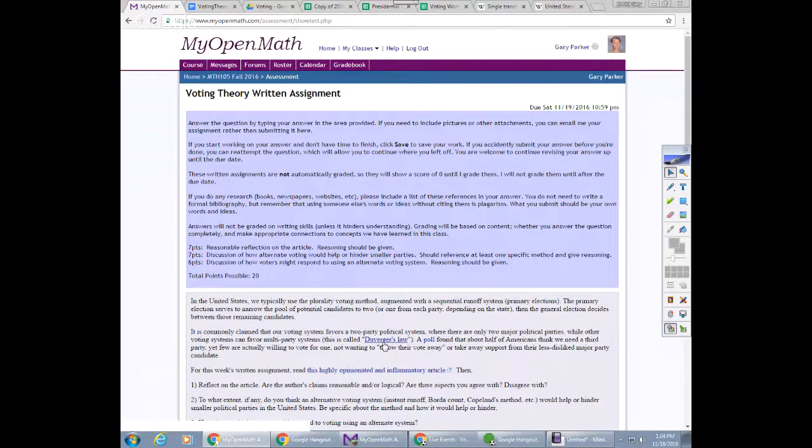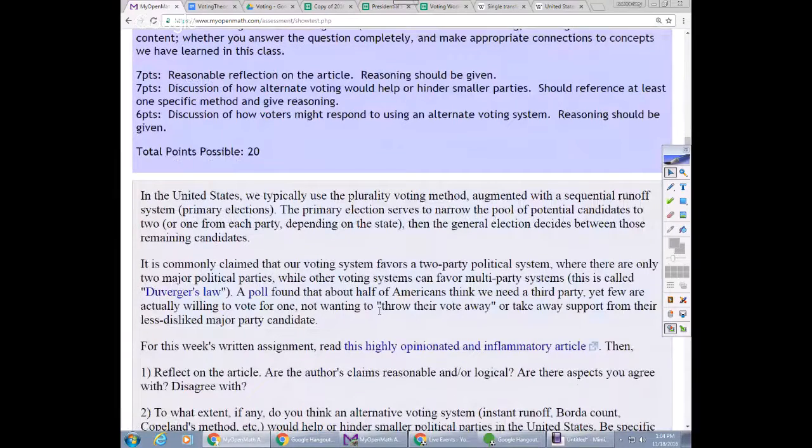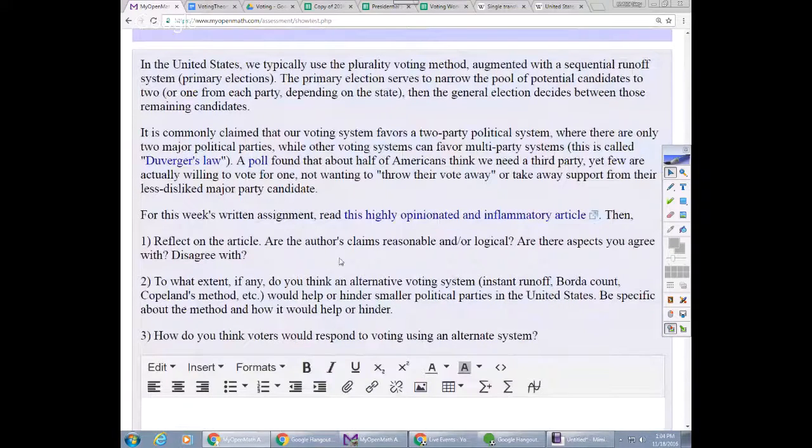There's a law in political science called Duverger's rule, a law that basically says it looks like countries that have a certain voting system like we have tend to end up with a two-party system.